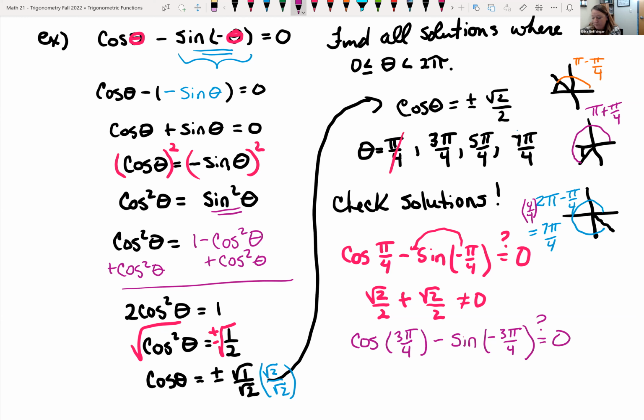Well, cosine of 3 pi fourths, the reference angle is pi fourths, which is root 2 over 2, but 3 pi fourths we saw was in the second quadrant, where cosine is negative, so minus. Again, because sine is an odd function, I can bring that negative out front, so minus a negative is plus. And sine of 3 pi fourths is positive root 2 over 2 in quadrant 2. So that does equal 0. So 3 pi fourths is one of the solutions.